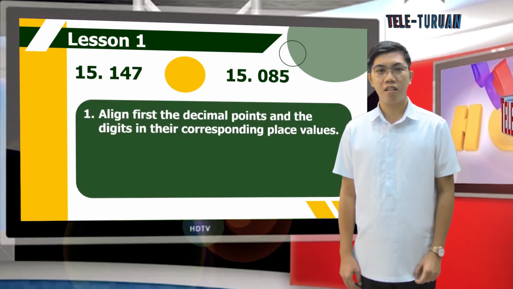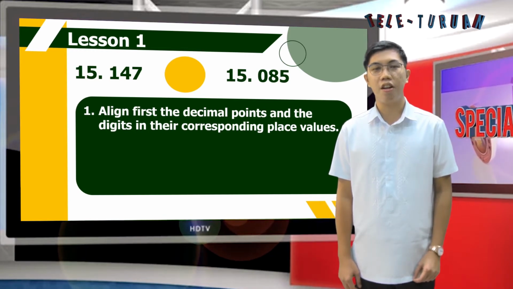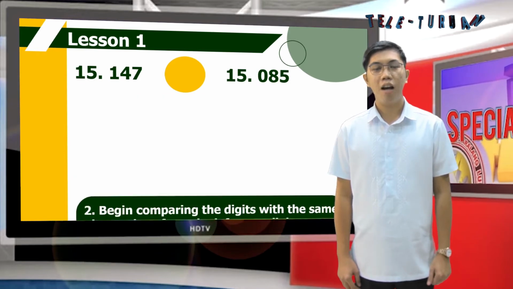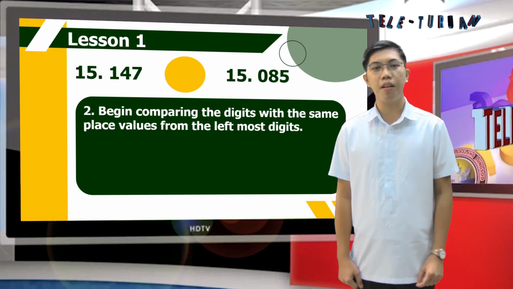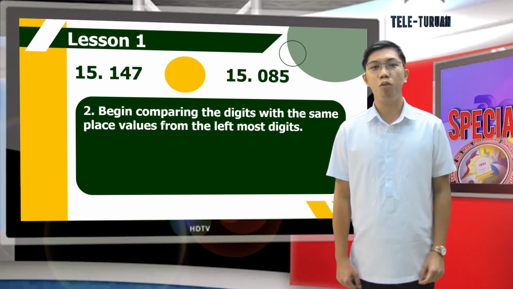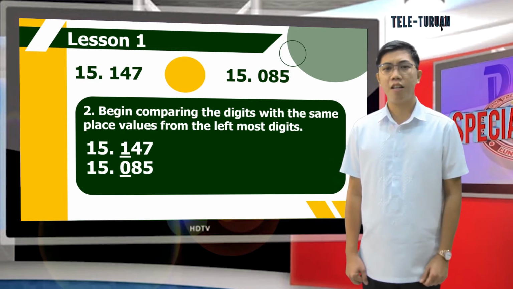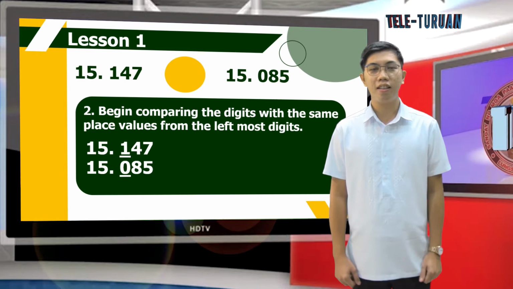In comparing decimals, align first the decimal points and the digits in their corresponding place values. After the first step, begin comparing the digits with the same place values from the leftmost digits. Since we have the same digits for the tens and ones place, proceed with the tenths place.